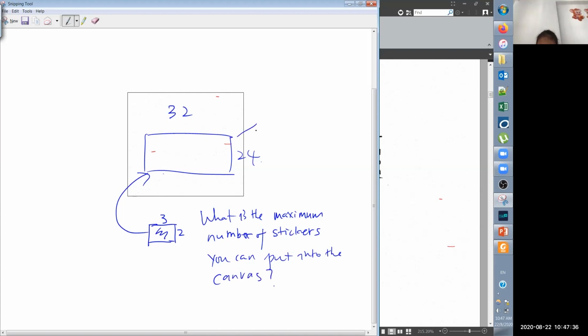This is a canvas, and this is your sticker. Can you find out the maximum number of stickers you can put into the canvas? Try this question.